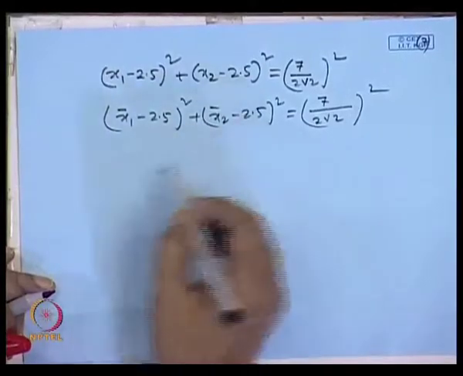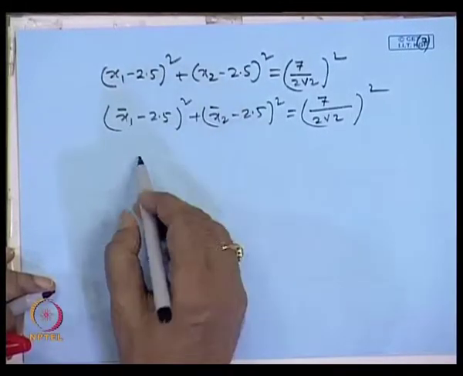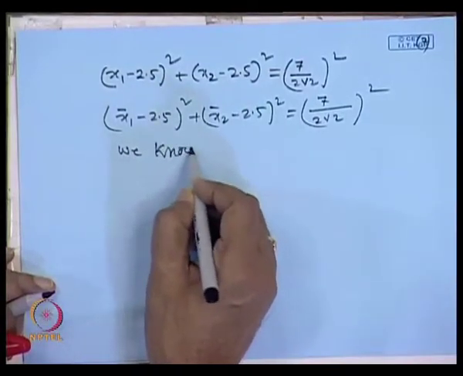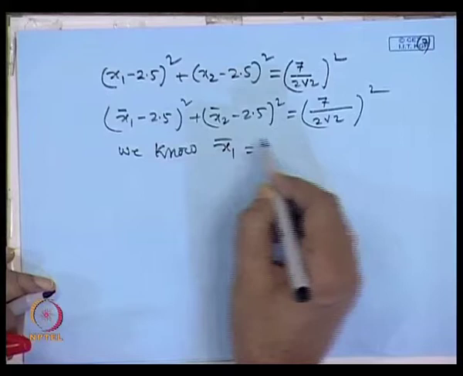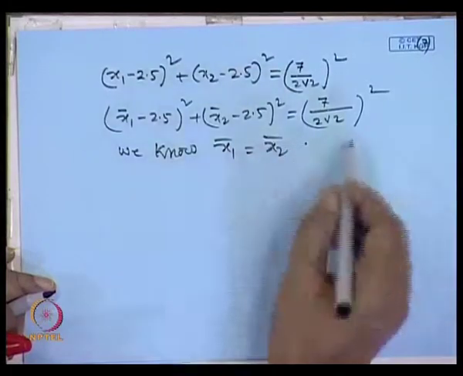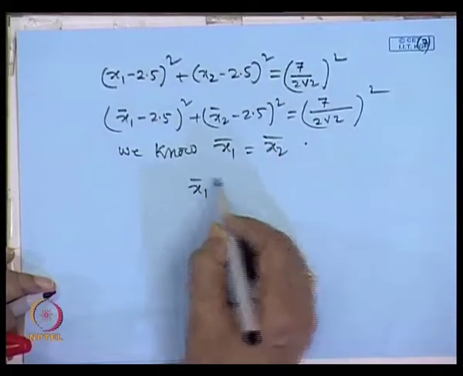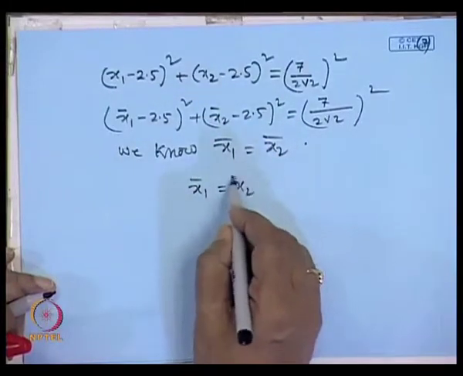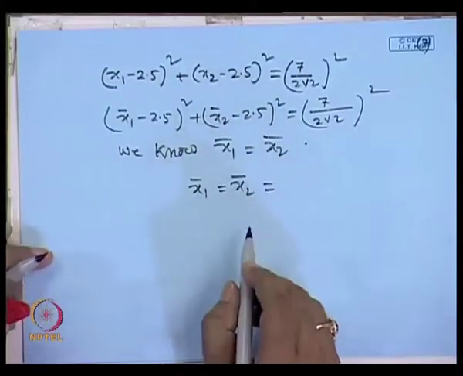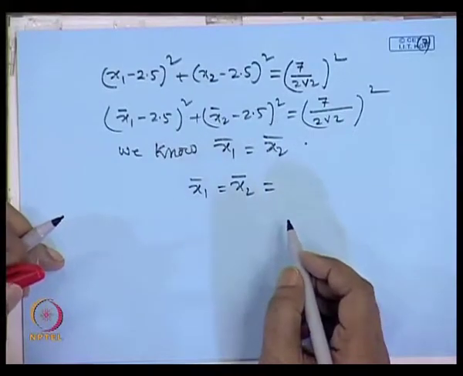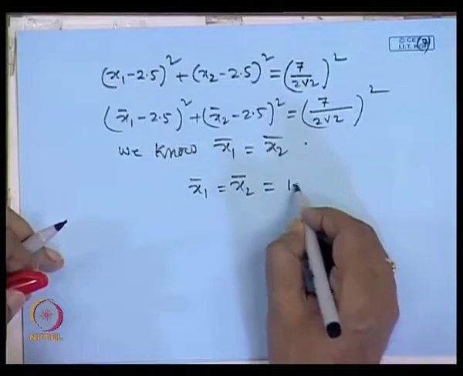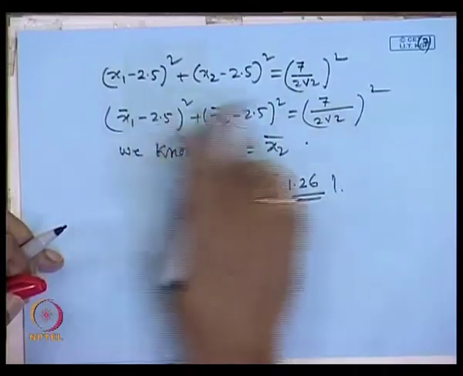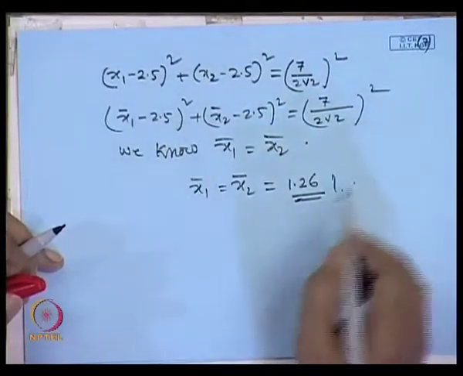I know x1 bar is equal to x2 bar. Then from this you can find x1 bar is equal to x2 bar, and that value will come, x1 bar will become 1.26. Please check it, put it in this expression and you will get it.